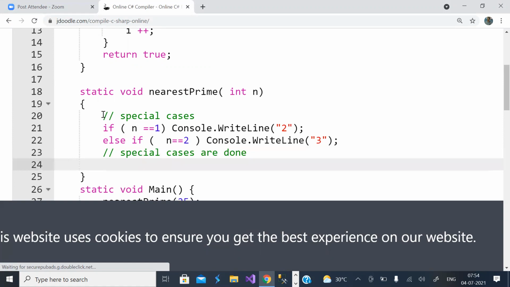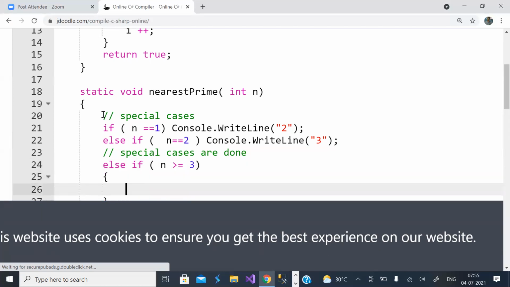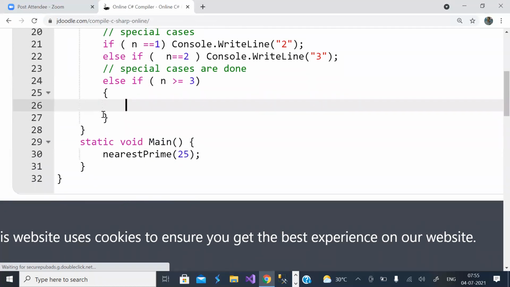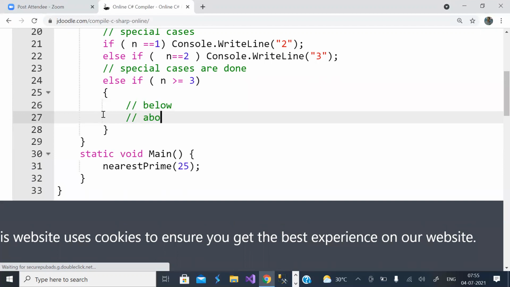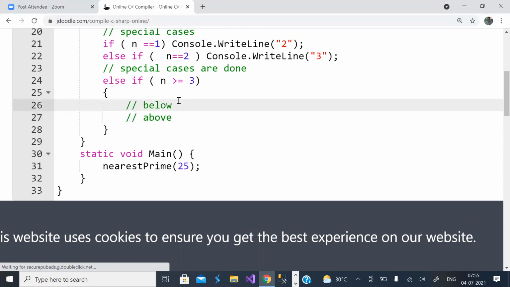Now, else, if n is greater than or equal to 3, okay, so you have i below n, next is above n. Let us fulfill the below first.